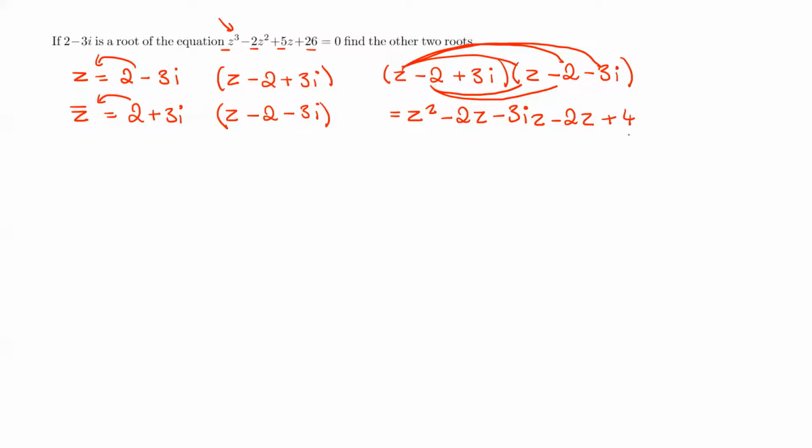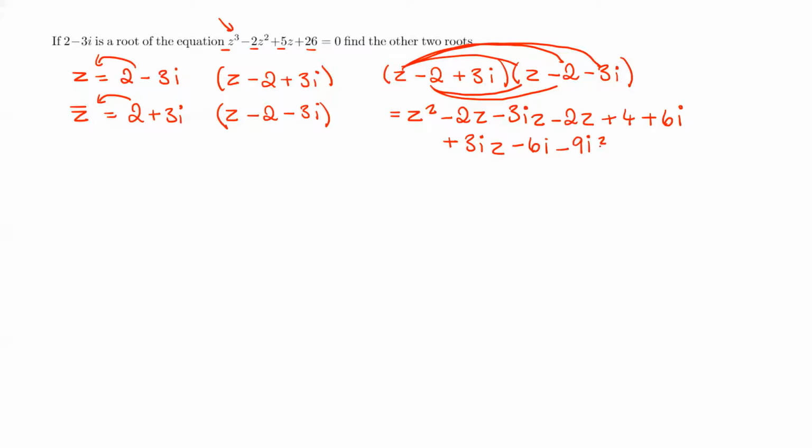And minus 2 by minus 3i will give us plus 6i. And then finally this 3i, so we'll have 3i multiplied by z, that'll give us plus 3iz. Plus 3i multiplied by minus 2 will give us minus 6i. And plus 3i by minus 3i is going to give us minus 9i squared.